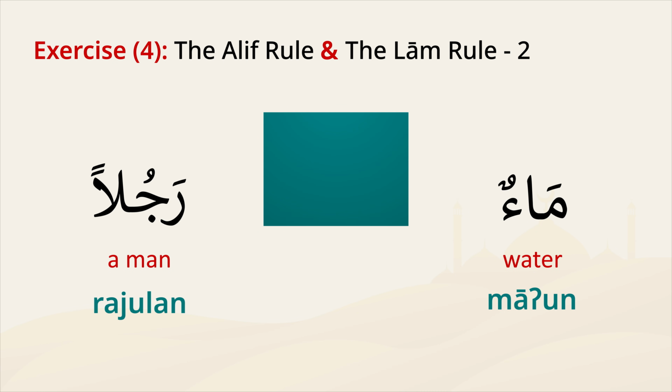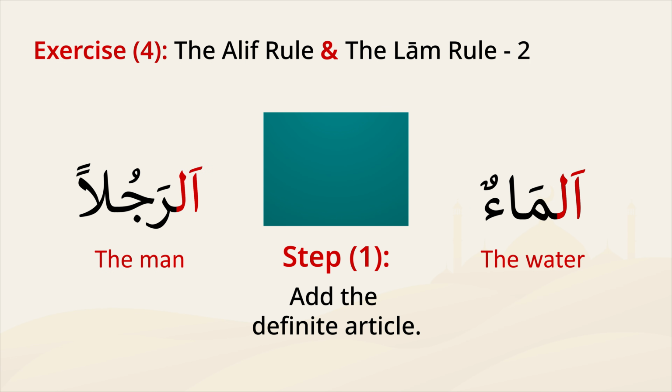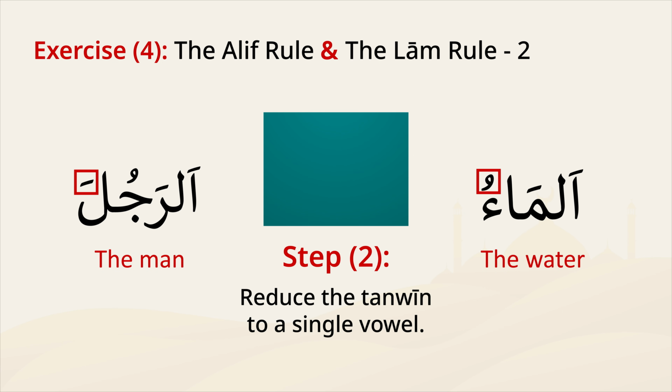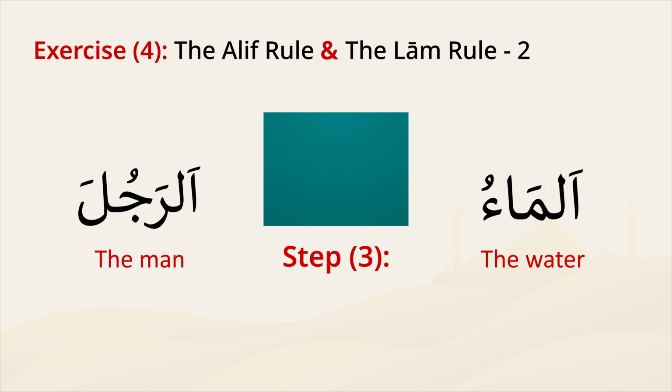The first 2 steps never change. Step 1, add the definite article. Step 2, reduce the tanween to a single vowel. And as you can see, the additional alif at the end of rajul is now gone. Then comes the third step, checking for solar or lunar. I'll let you think about the final pronunciation before I do it for you.